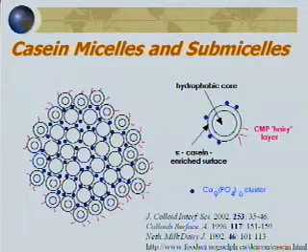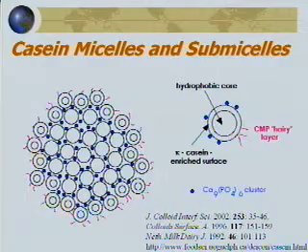These submicelles are connected by calcium phosphates, which are the blue dots on the figure. There may also be some hydrophobic interactions connecting these submicelles. It's believed that kappa casein is rich on the outer surface.